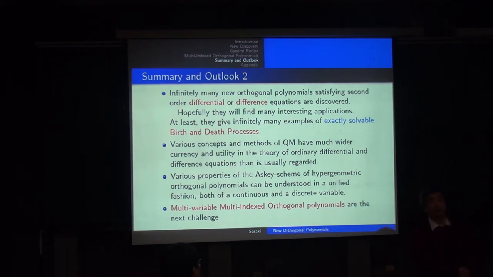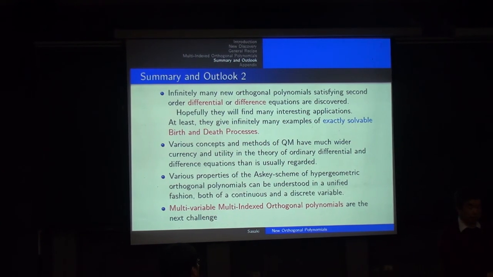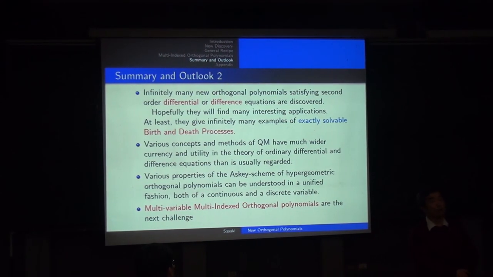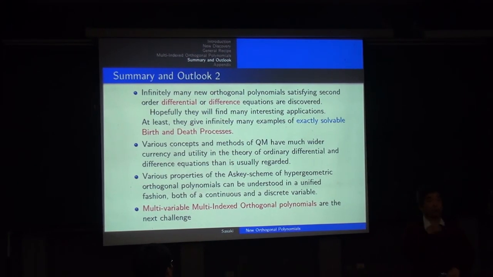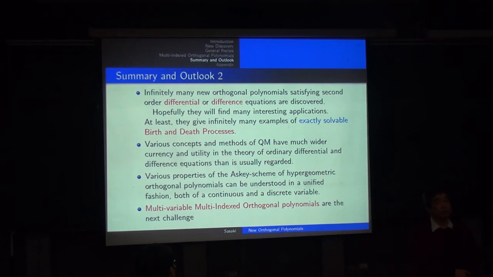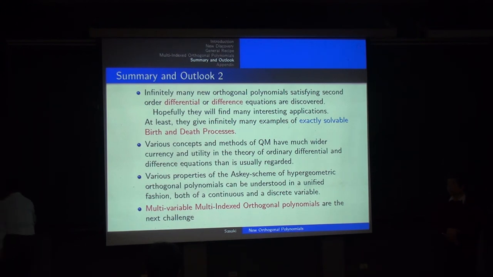For example, the Coulomb potential, 1 over x plus 1 over x squared plus some more. We can also deform Coulomb. I didn't have time to say about Coulomb, but that can be done also. Any more questions?